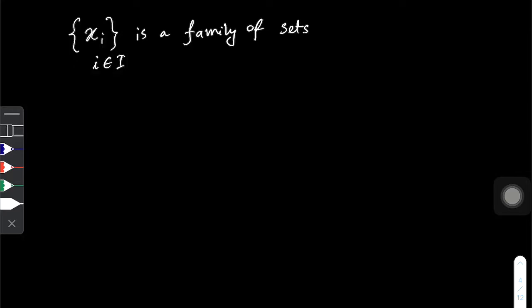This can be a family that is finite, infinite, a power set, anything. Let's assume X_i, where i is an element of the big I, represents a family of convex sets.